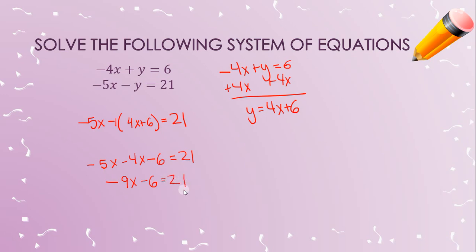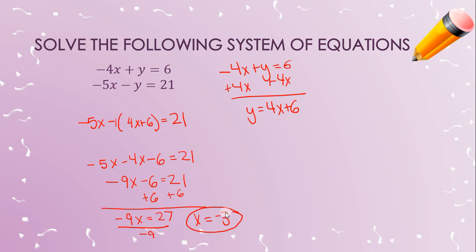Just combining some like terms. I need x alone now, so let's add 6. Divide by 9. I get x equals negative 3.